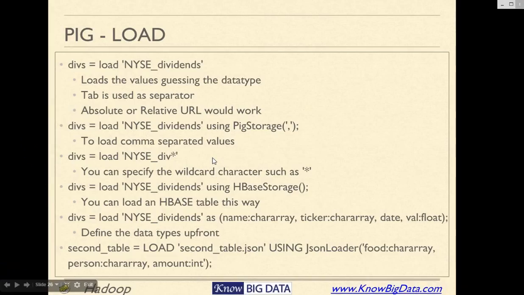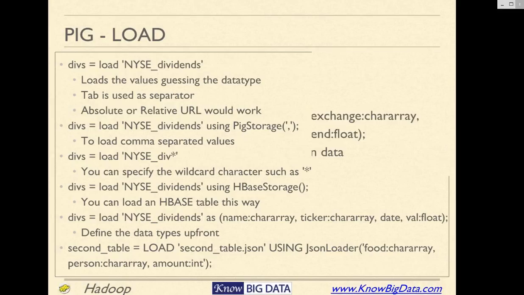But if I'm not in this directory, then I have to specify the full absolute URL, right? You can also, suppose the file is a comma separated file, it is not a tab separated file, then you can specify the separator explicitly, saying load NYSE dividends using PigStorage comma, right?